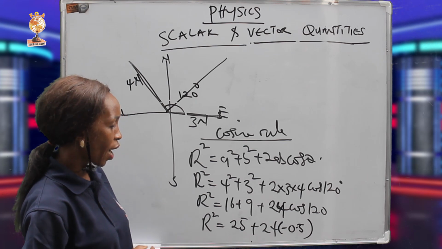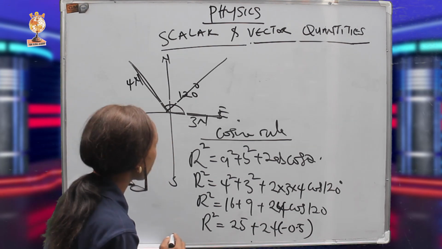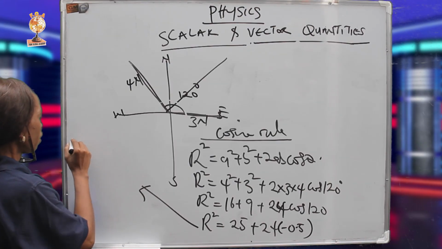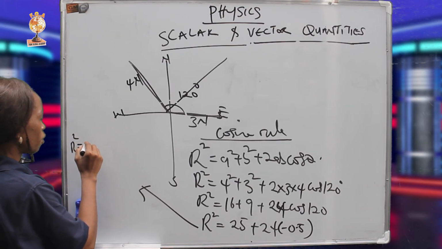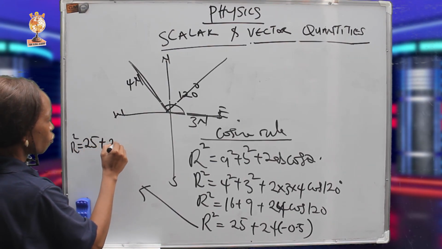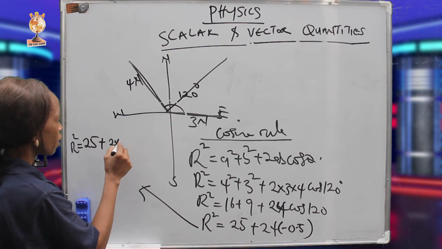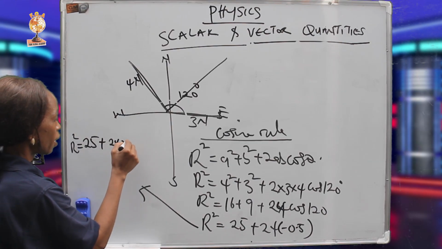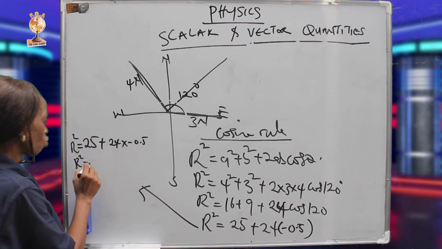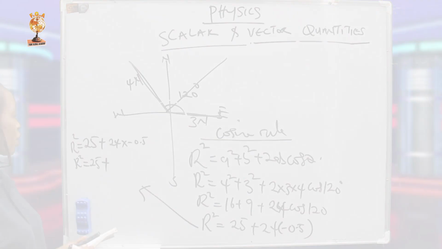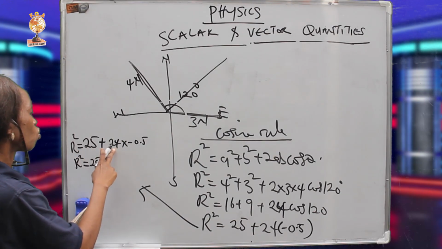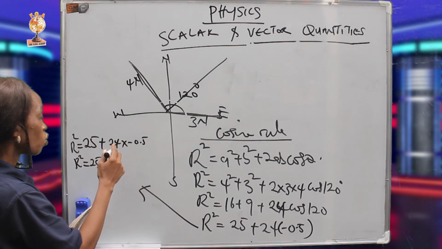So r square becomes 25 plus 24 times minus 0.5.